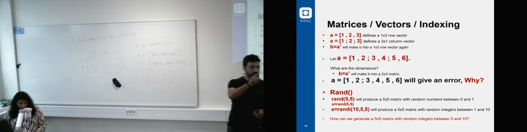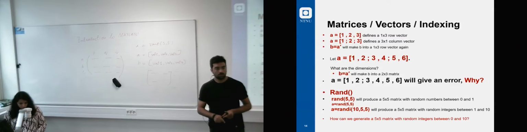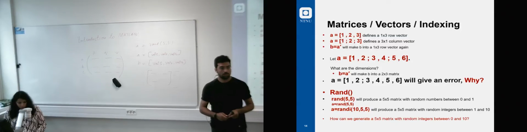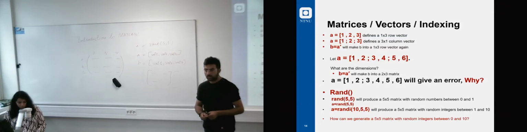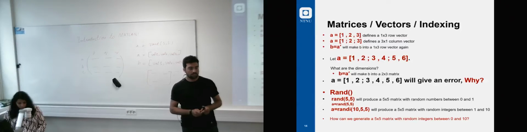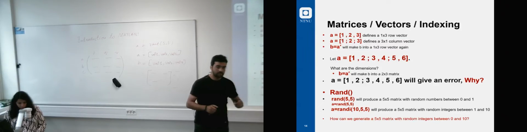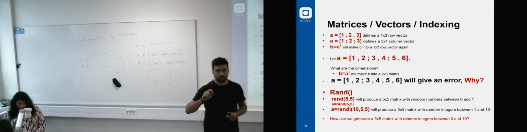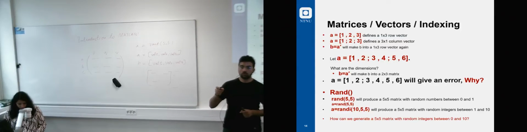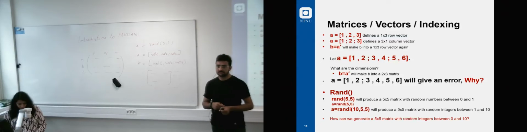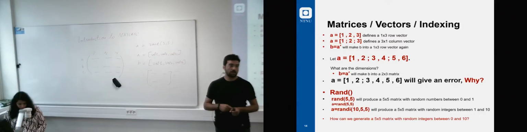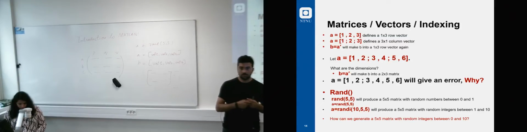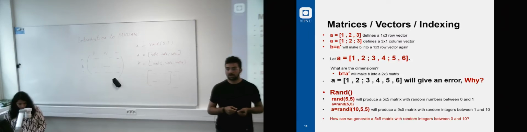Yeah, I have to write 11 to get 0 to 10. Okay. Simply, if you generated the matrix, then you subtracted 1 from it. It will subtract 1 from every element of the matrix. This is actually the magic of MATLAB, which you cannot see in other programming languages.